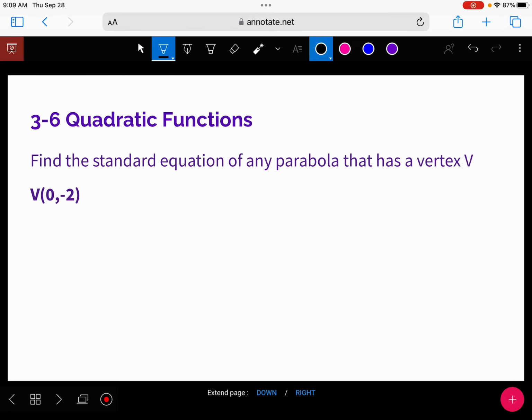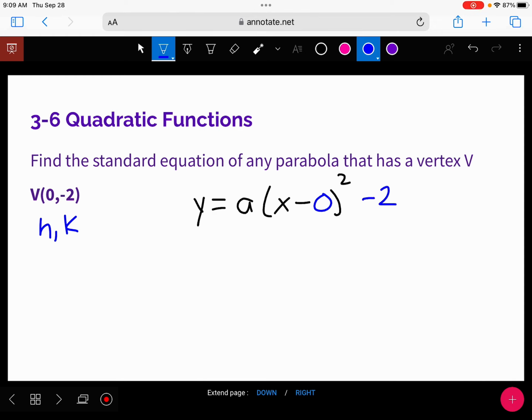We're taking our vertex form, and we're going to plug in our h comma k. y equals a(x minus 0) squared plus k, so -2. You can write it like that. I don't really care. It's extra writing because this is really x squared minus 2.